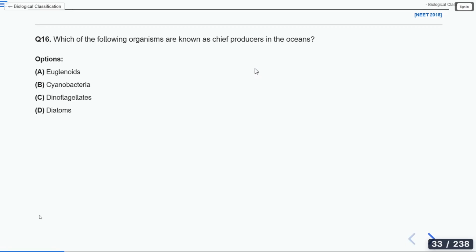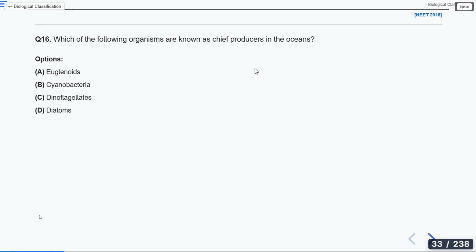Okay, where can you see euglenoids? Okay. Where can you see cyanobacterium?